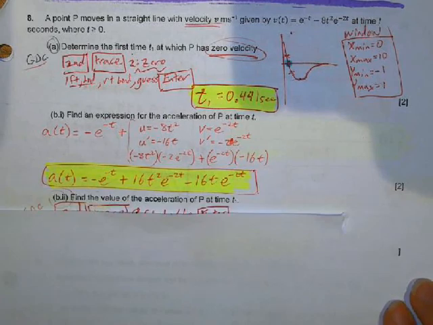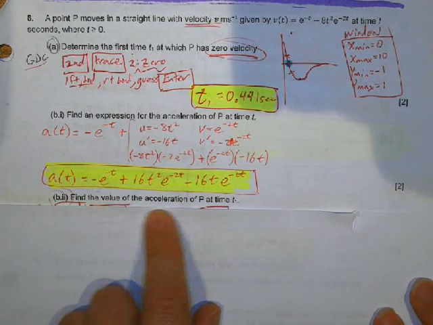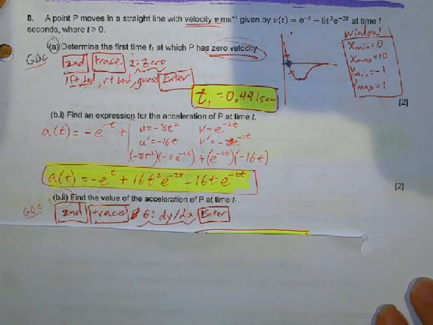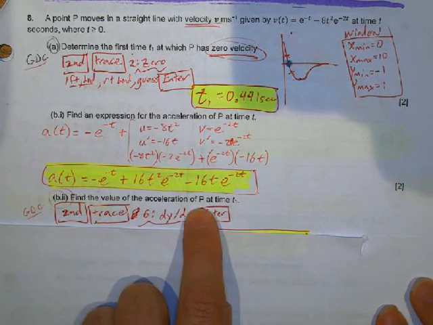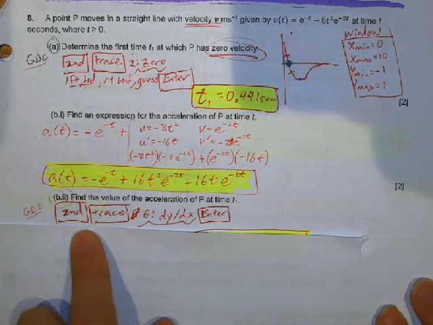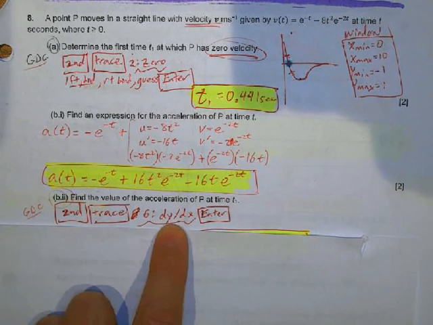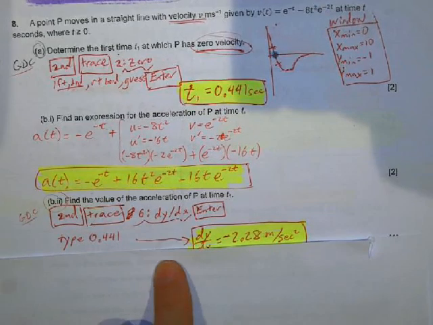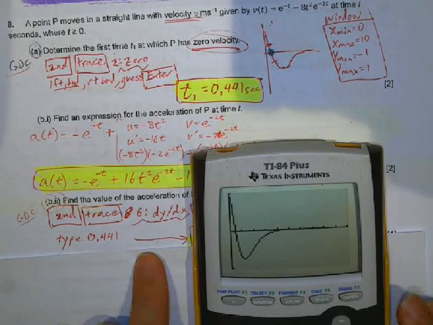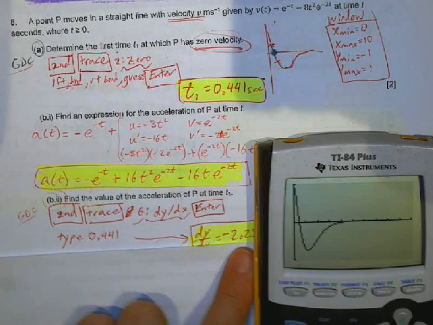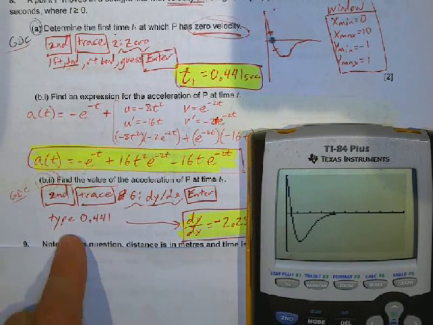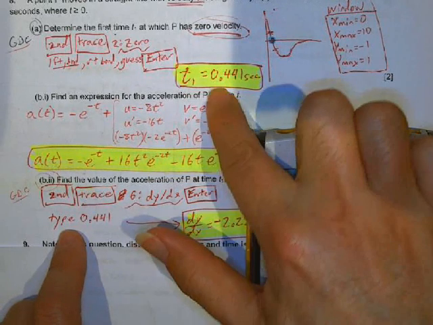Find the value of the acceleration of p at time t. So for the value of the acceleration at time t, I can do second trace, and once again I can hit 6 for the derivative. So I've got my equation in here, and we know t is 0.441, right?